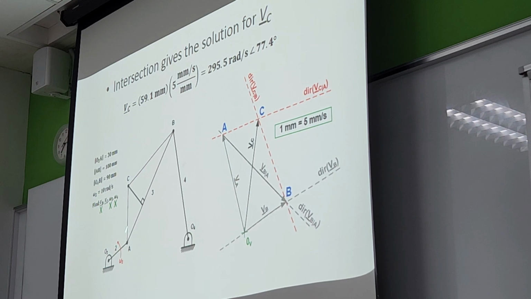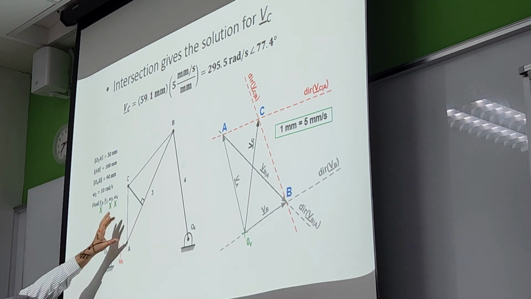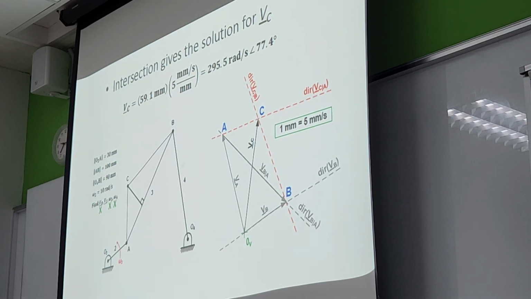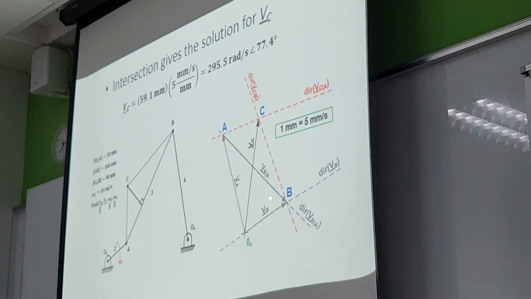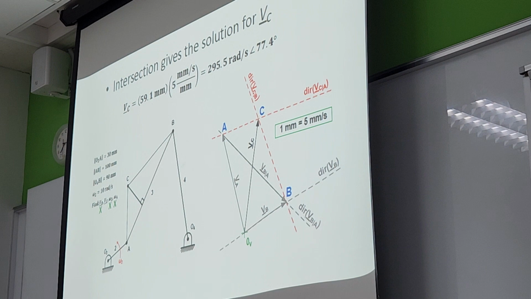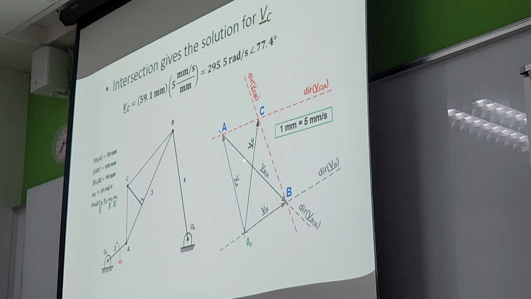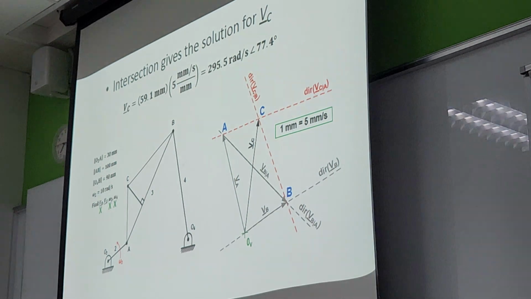Now, is there any difference in the shapes? Imagine the triangle ACB is rotated 90 degrees, so you will get the same ACB velocity triangle. This velocity triangle is called the velocity image of the link ACB.